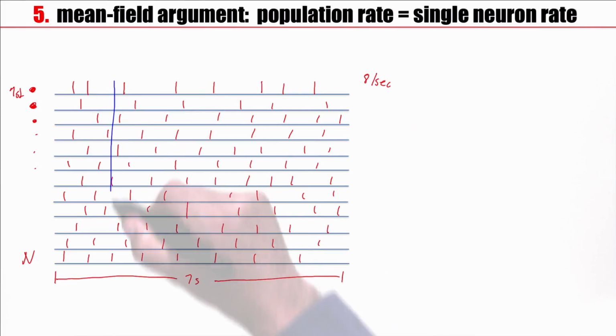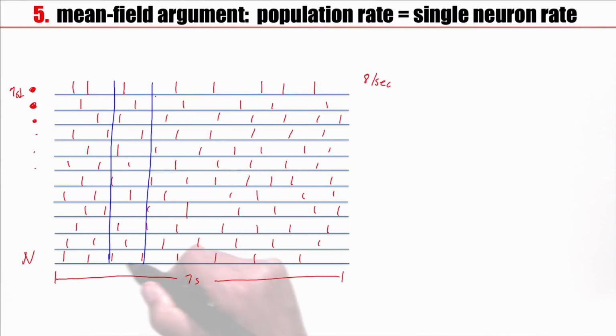Now my claim is that if you just look at a shorter interval, and now you count the spikes vertically in this interval between t and t plus delta t, if you divide by the number of neurons, and if you divide by this delta t, then it should also be 8 Hertz.